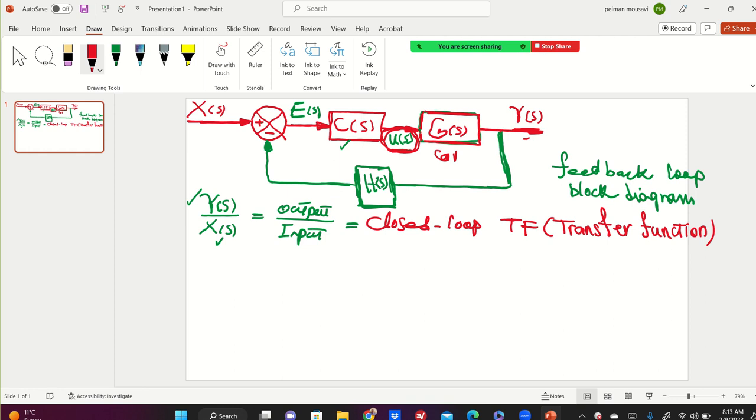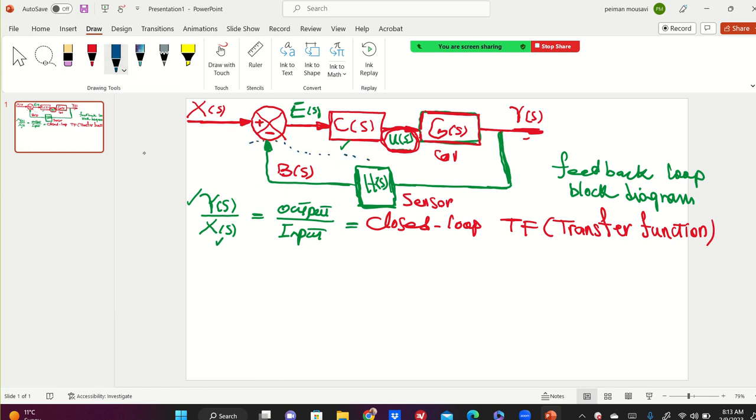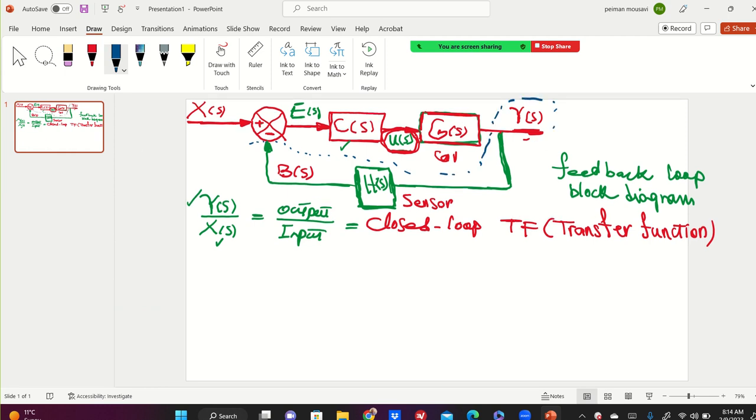So when the output of the system is measured by the sensor of your device, it sends the signal out, right? B of S. This B of S is compared with the X of S. Okay, guys, only now focus on this part, the sensor part.